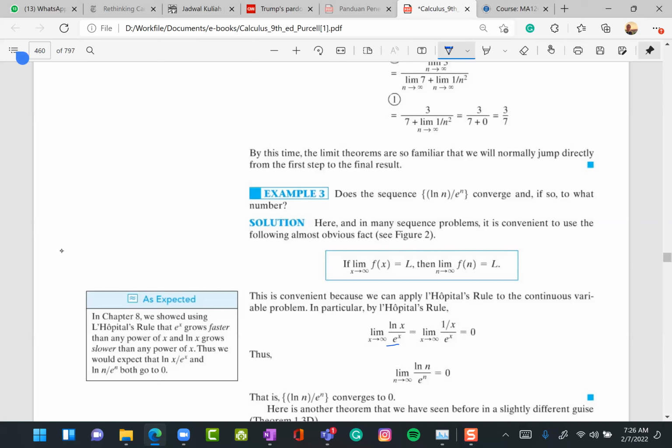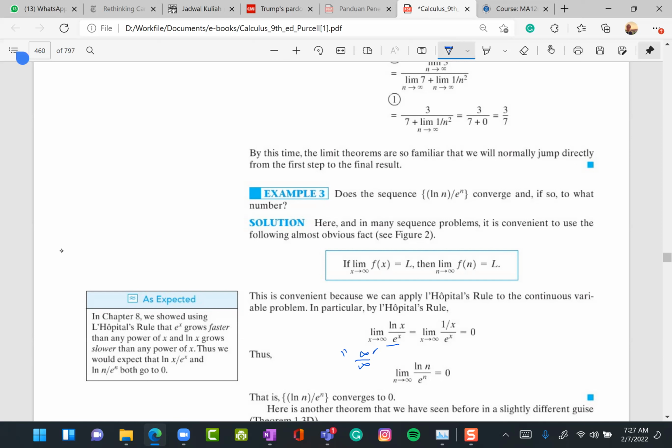Because x is large, ln x is large, and e to the x is large, so this is large over large. So it's justified to use L'Hopital here. Compute the derivatives: this is 1 over x, and this remains e to the x.